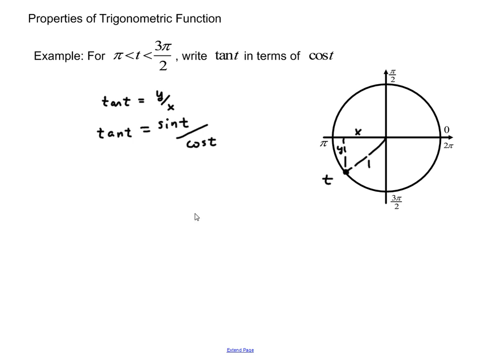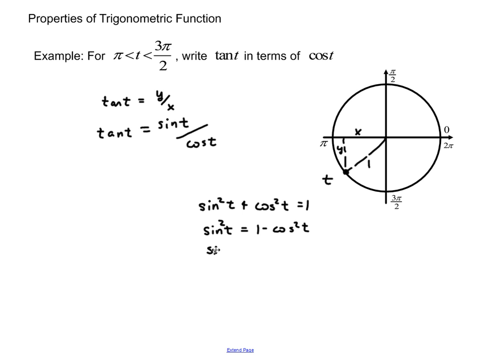Well, we've said that there is a relationship between sine and cosine, and if we take the square of the sine of t and add the square of the cosine of t, we're going to get 1. Well, that would mean that sine squared t is equal to 1 minus the square of the cosine of t.